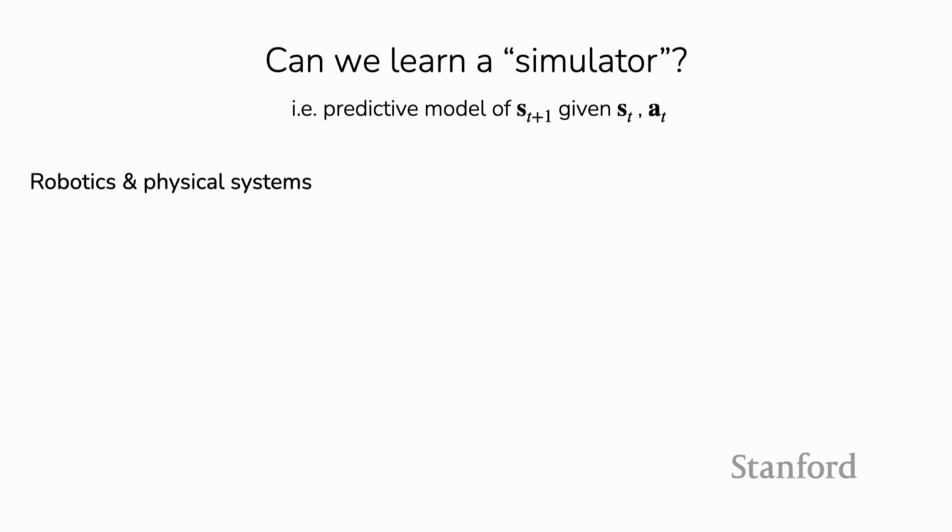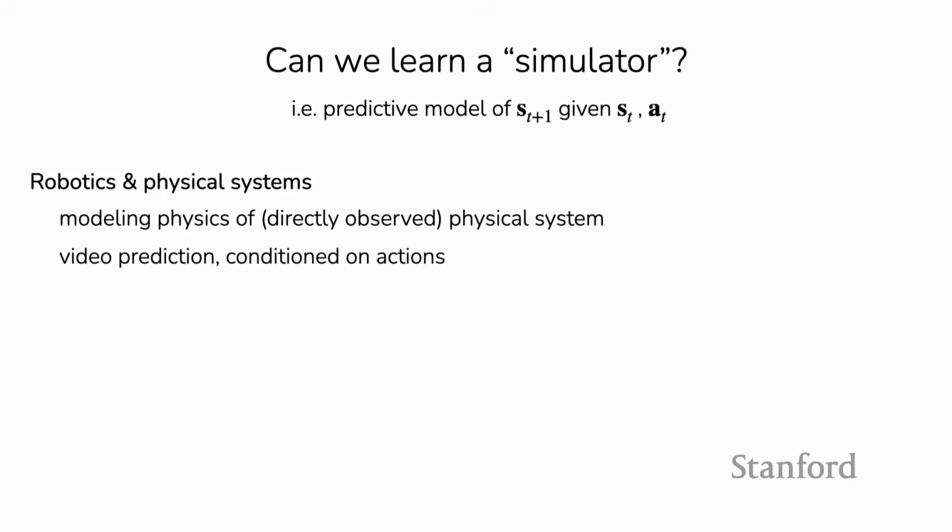For robotics and driving and other physical systems, this might be modeling the physics of some particular system, if you can directly observe the underlying physical entities in that system. Alternatively, if you can't directly observe and model those entities, then this might look more like video prediction conditioned on actions that the agent wants to take.